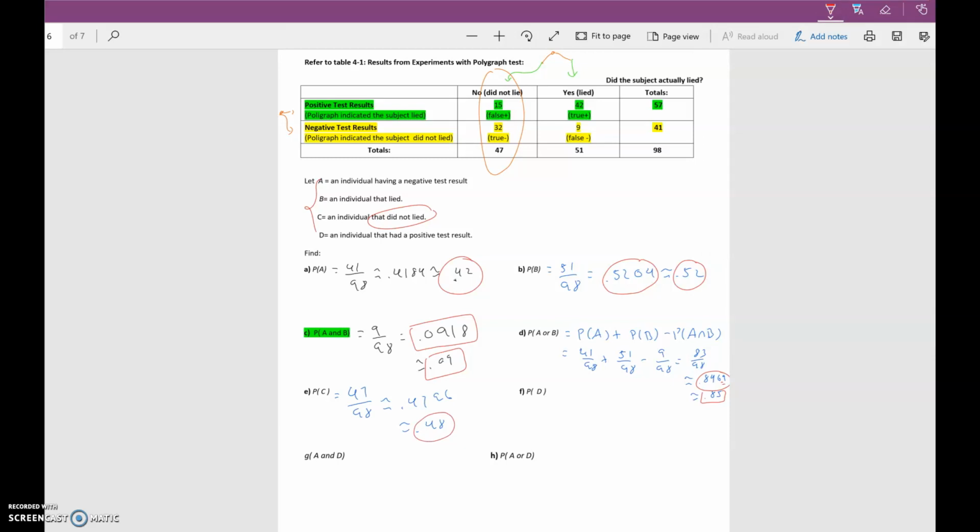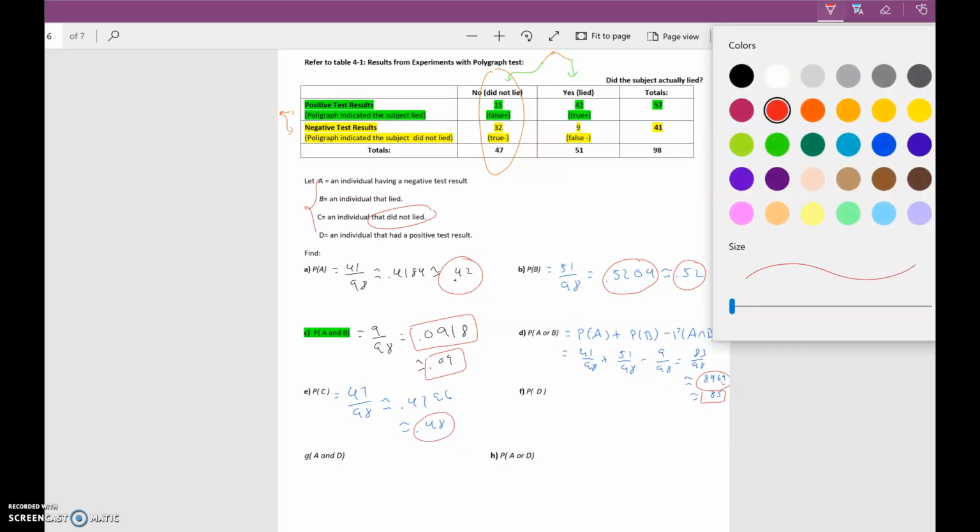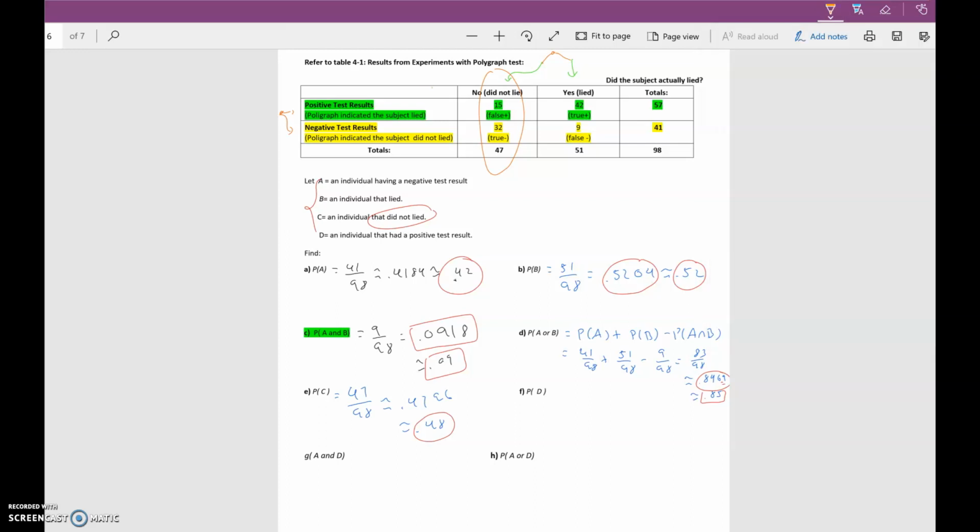D is positive test results. So our positive test results are going to be these. So 57 out of 98, which is 0.5816, so 0.58.